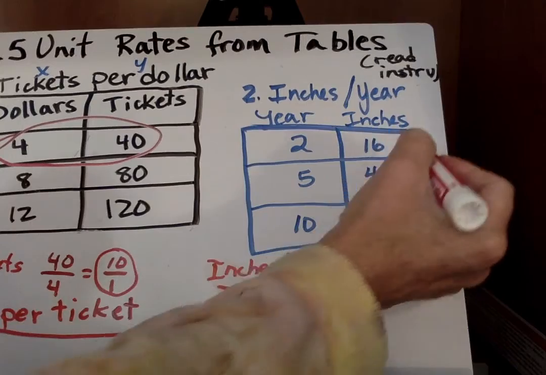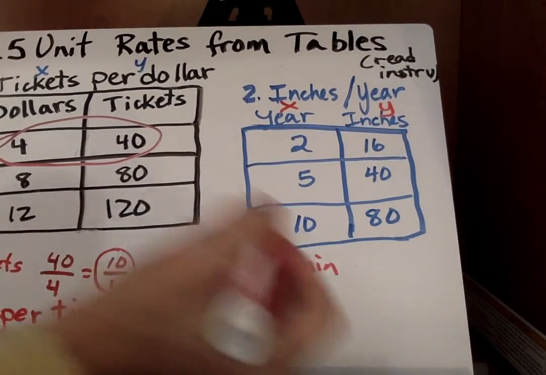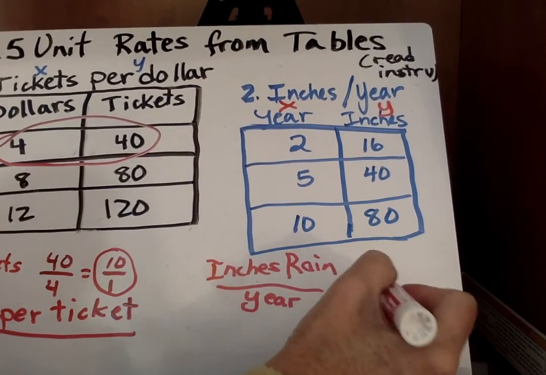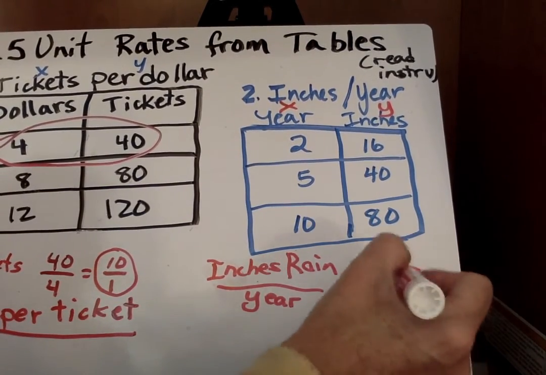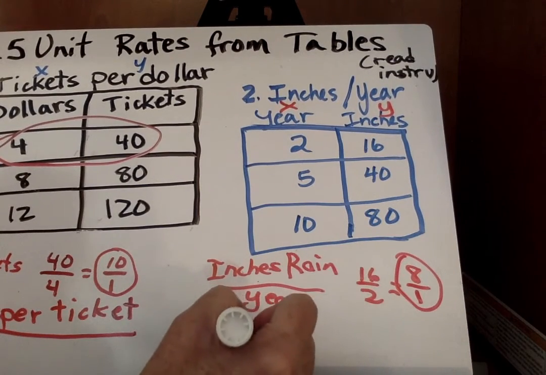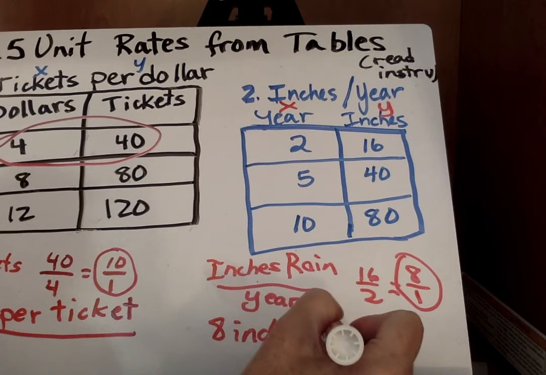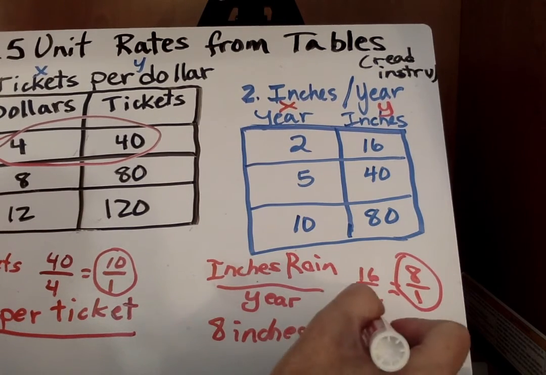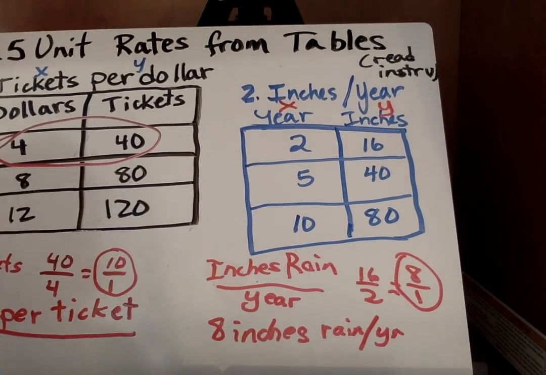So again, it's always the y here. Here's y, and this is x. Okay, so then we go 16 divided by 2 equals 8 over 1. That's your unit rate, 8 for 1. So at 8 inches of rain per year. And I'll allow abbreviations, okay?